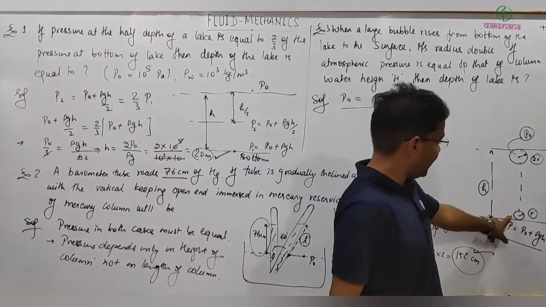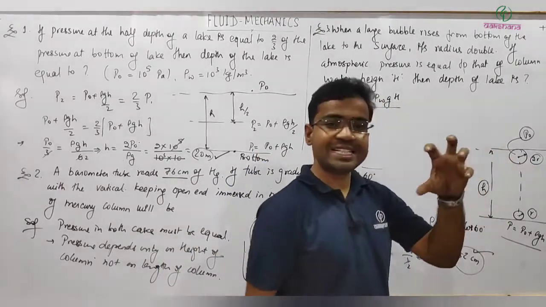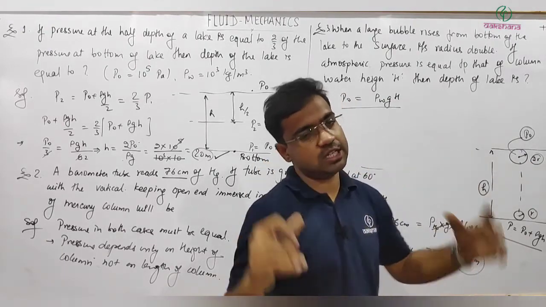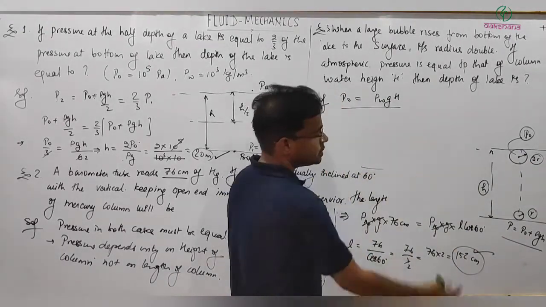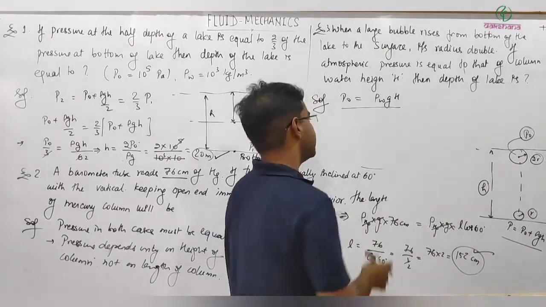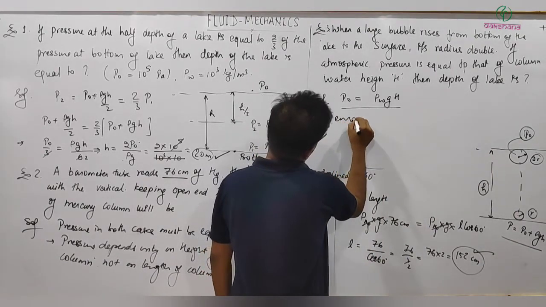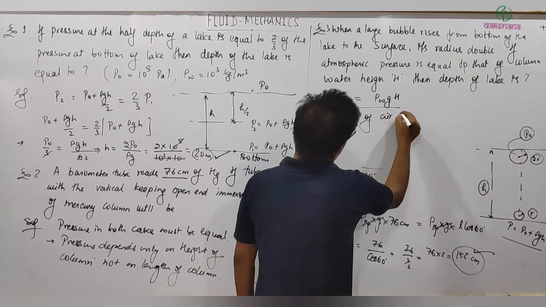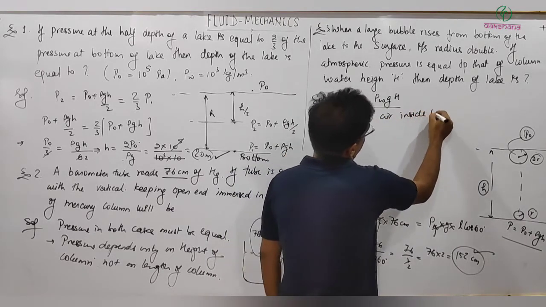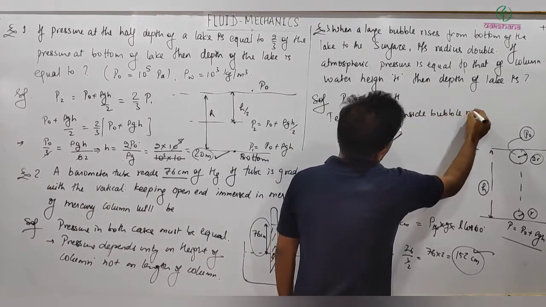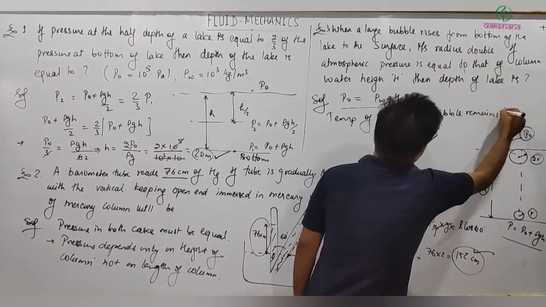Now as the bubble goes upward, because pressure is decreasing, it will expand. So here we can assume the temperature of the air inside the bubble remains constant.